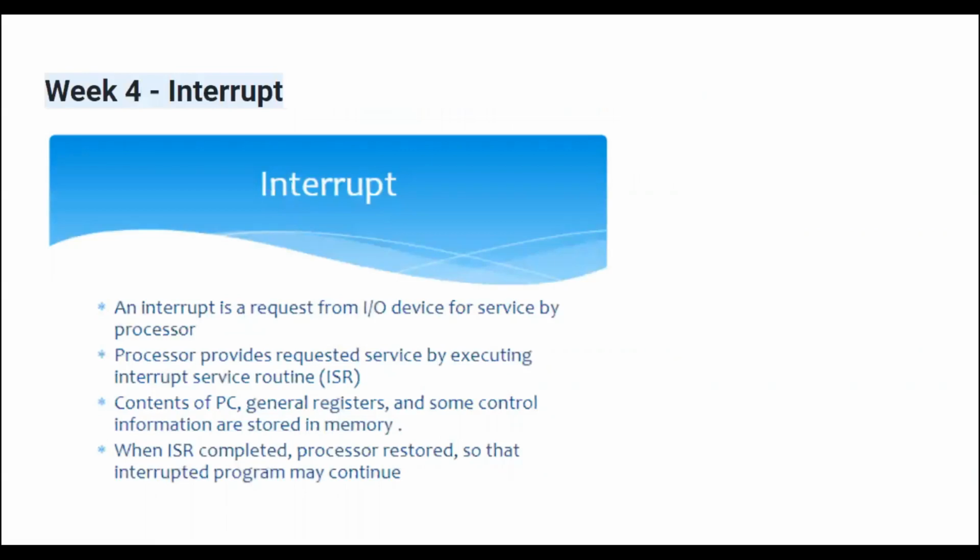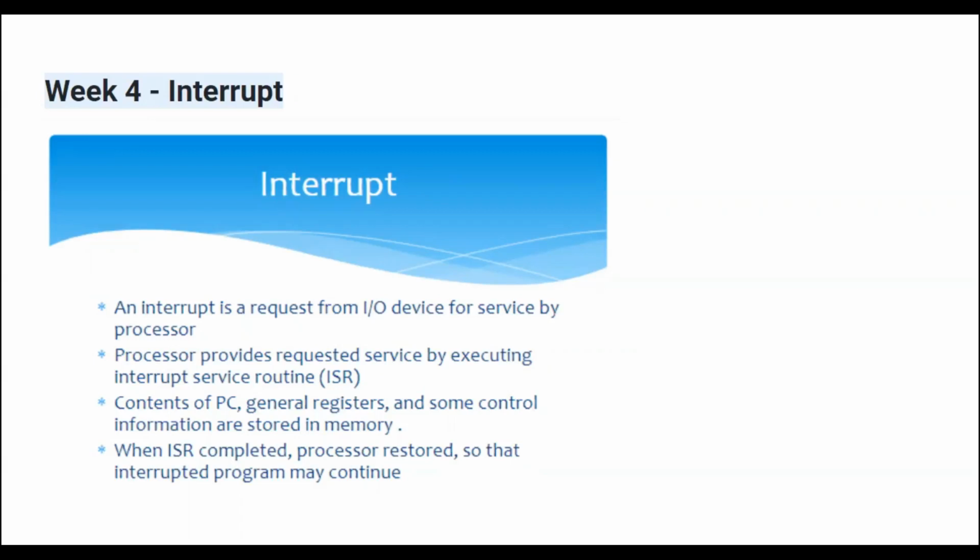Okay, so right now, our topic is about interrupts, or computer interrupts. This is week 4. When we say an interrupt, it is a request from an input-output device for service by a processor. The processor provides the requested service by executing an interrupt service routine, which is the ISR.